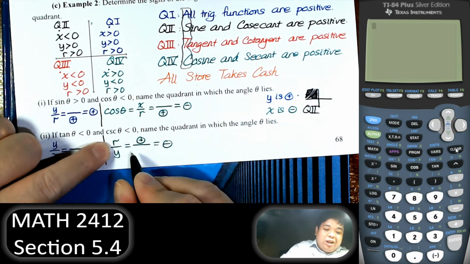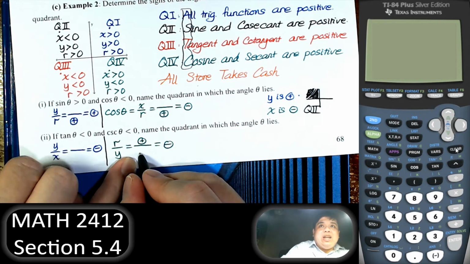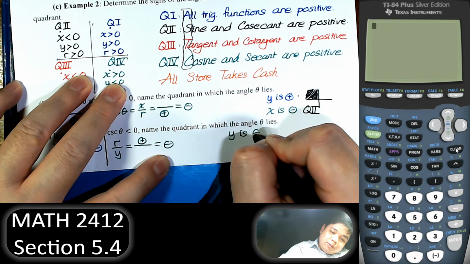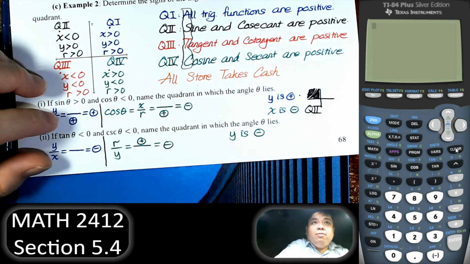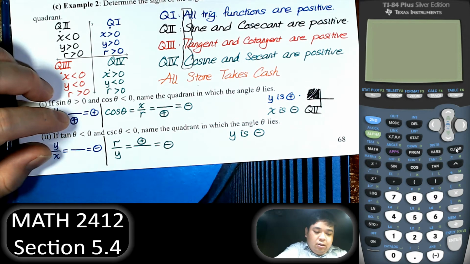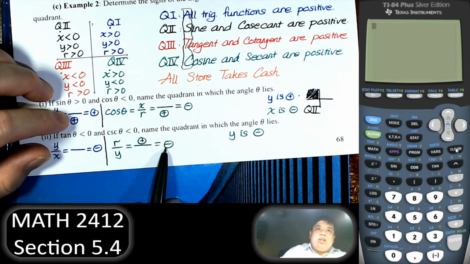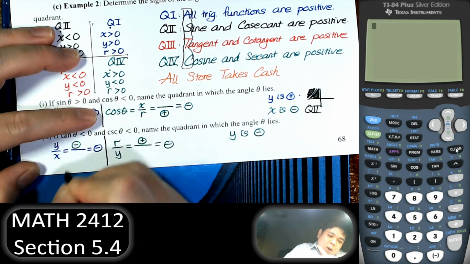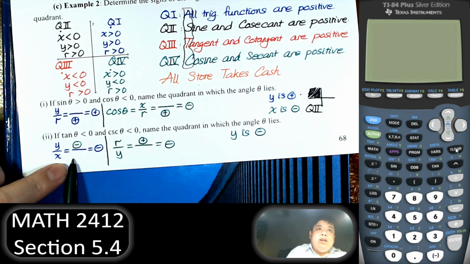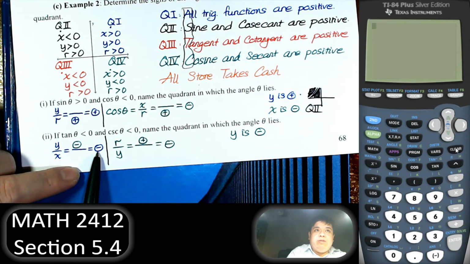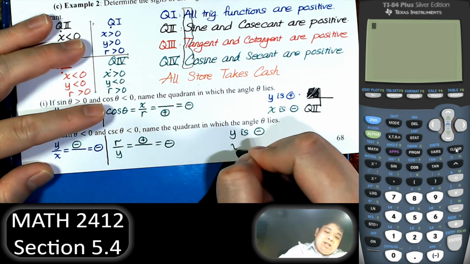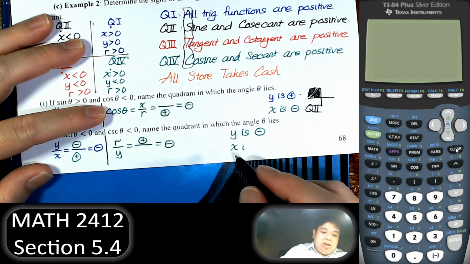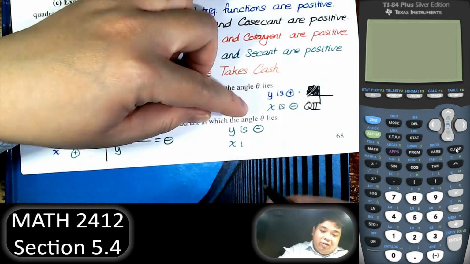So what do you think y has to be? Y has to be negative, right? To guarantee the ratio is negative. Now if y is negative, what do you think x has to be to guarantee that the ratio is positive? So because of that, x must be positive, right? So that guarantees it to be negative when y is divided by x.